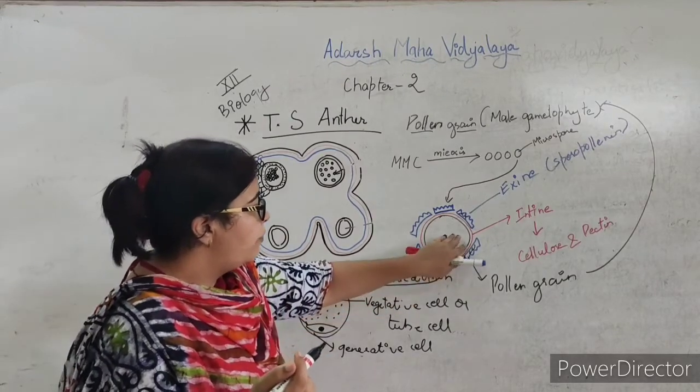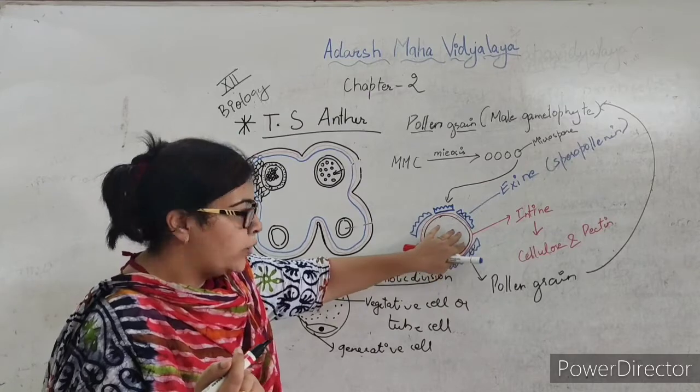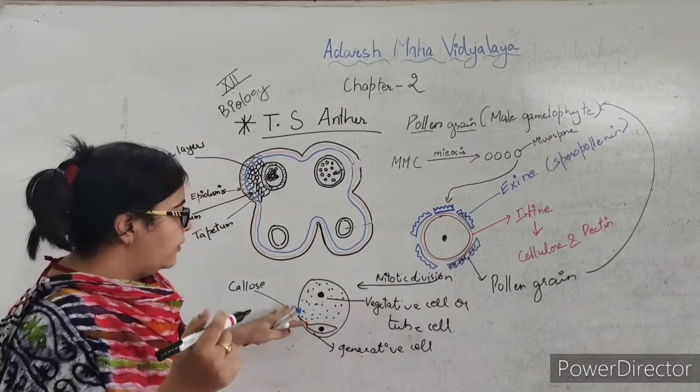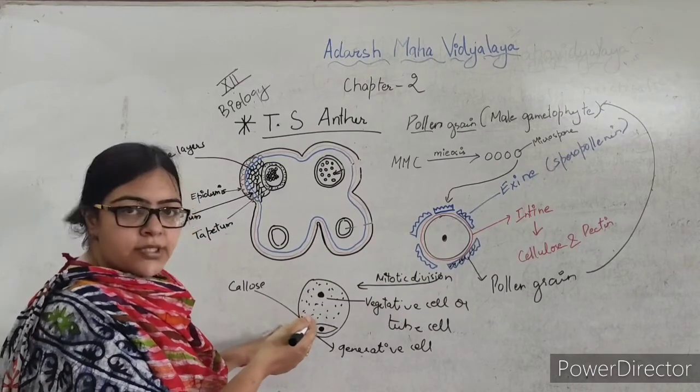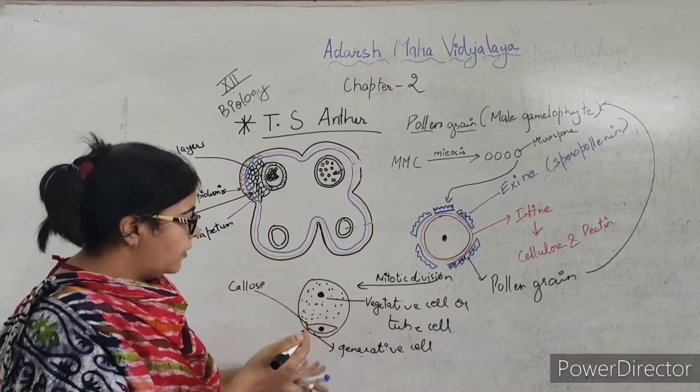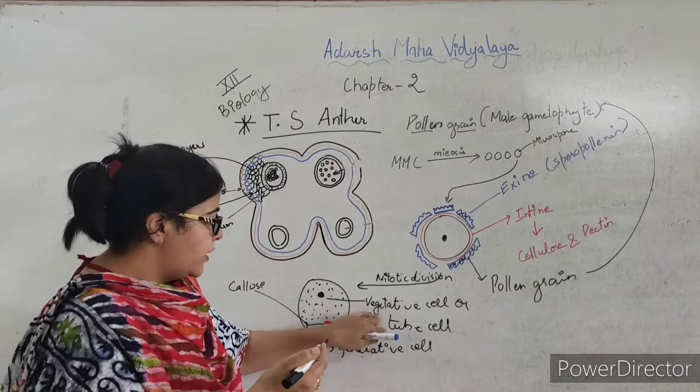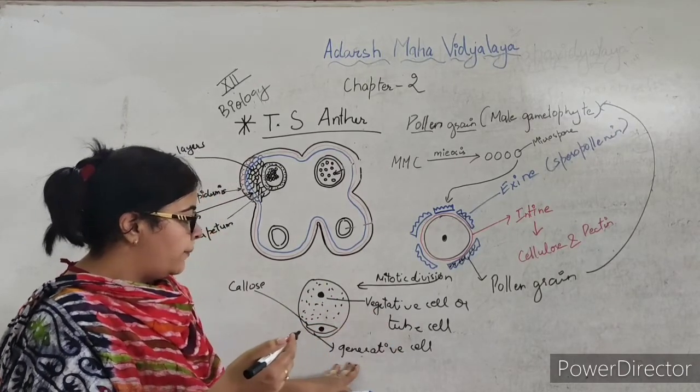So after the formation of this whole structure of the pollen grain, all these processes which we discussed have occurred inside it, and the pollen grain is divided into two cells, that is the vegetative cell or tube cell, and the generative cell.